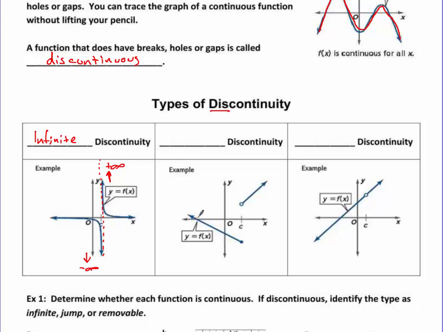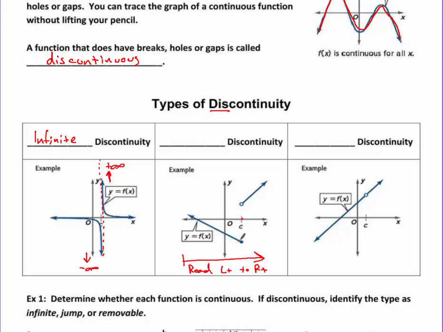Here's a second type of discontinuity, when you have some kind of function. And remember, when we read a graph, we always go from left to right, because that's how we read a graph. So when we look at this function, as we move along the x-axis, we see that this function is decreasing. It's moving along, it's moving along. When we get to this point C, something happens.